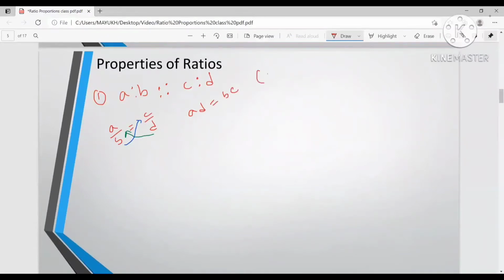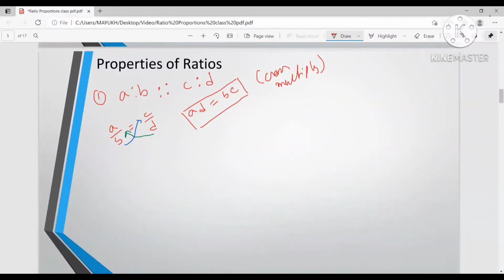That is basically just the cross multiplication that we do. So this is a way we can also say that these values are proportional ratios.